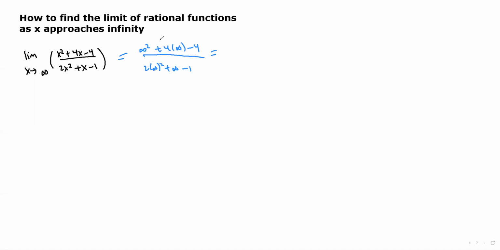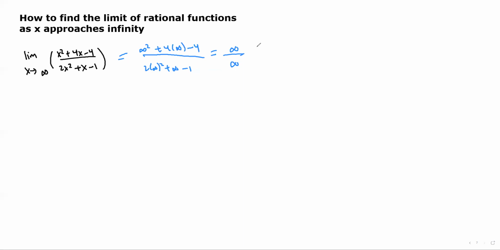So a big infinity plus another big infinity minus a little bit of numbers will still produce infinity. So for the numerator, we'll get infinity. The denominator, we're going to have infinity squared times 2, which is still infinity, plus infinity minus 1. Well, that's still going to be infinity. Okay, so in this case, we have infinity over infinity.